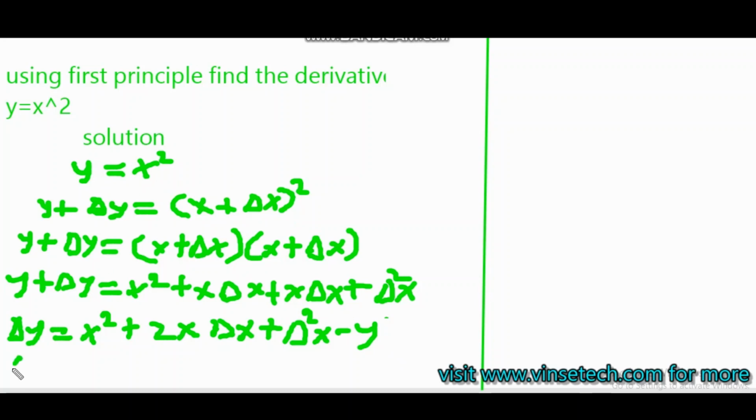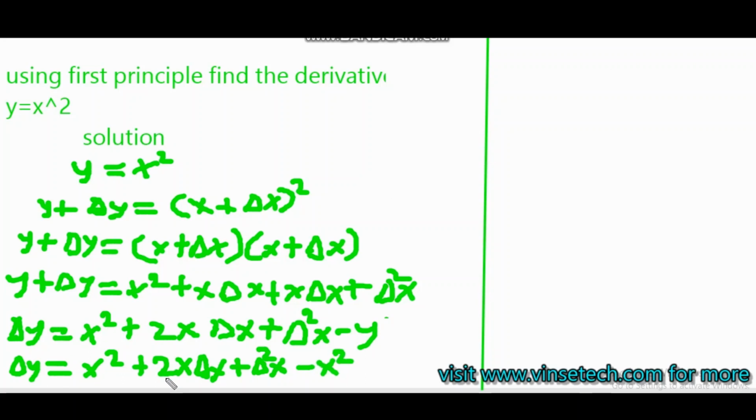Replacing y with x squared, we have change in y is equal to x squared plus 2x delta x plus delta x squared minus, when we replace y with x squared, we now have minus x squared.